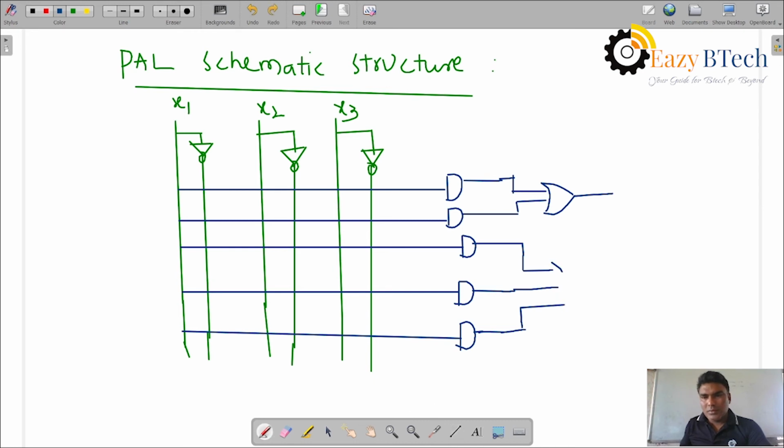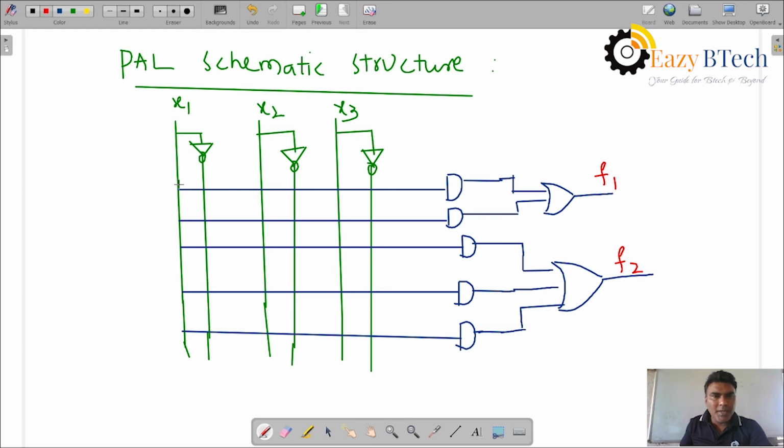So let us take the cross mark representation, the product terms and the external OR gates. This is function f1 and this is function f2.